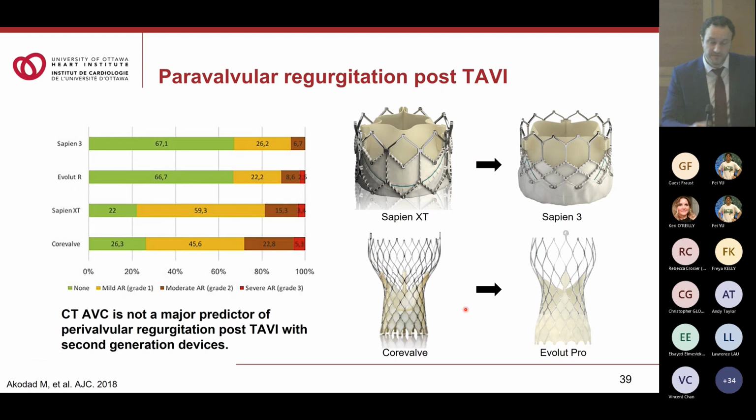With the development of second generation devices, those have now a sealing skirt on the ventricular aspect of the device. Really, the incidence of severe or more than mild paravalvular regurgitation post-TAVI has drastically decreased since then. And really, the aortic valve calcium score now is not a predictor of major regurgitation post-TAVI. And that was demonstrated in a recent study.